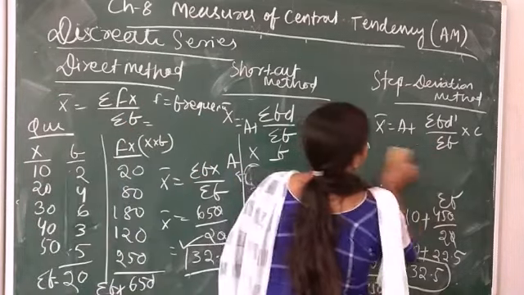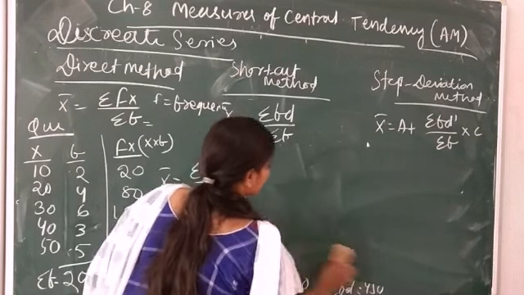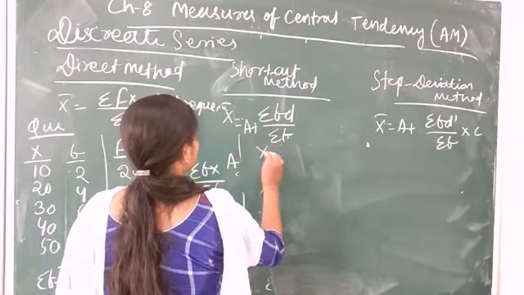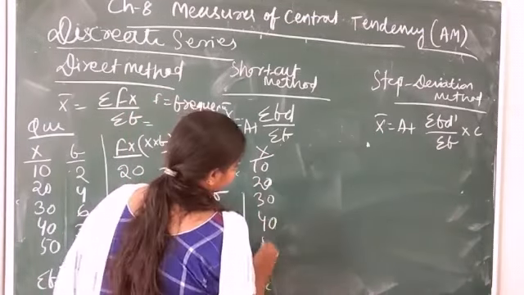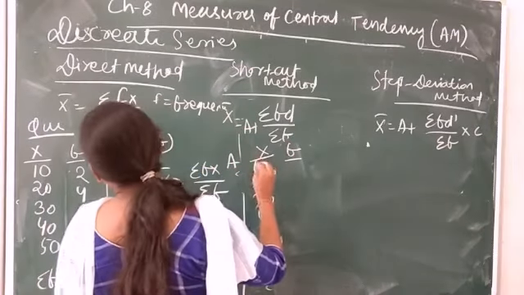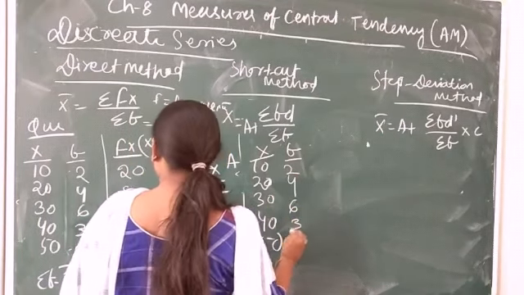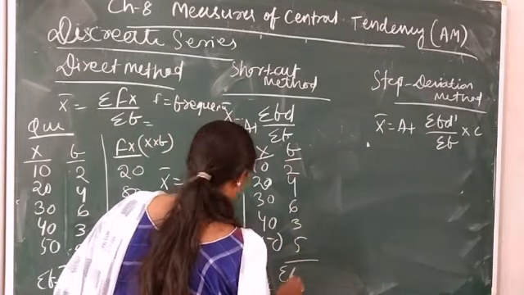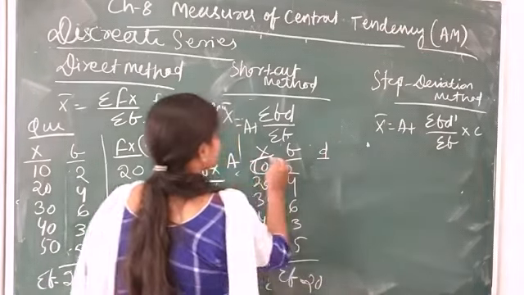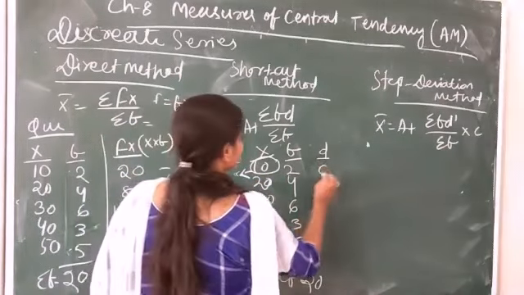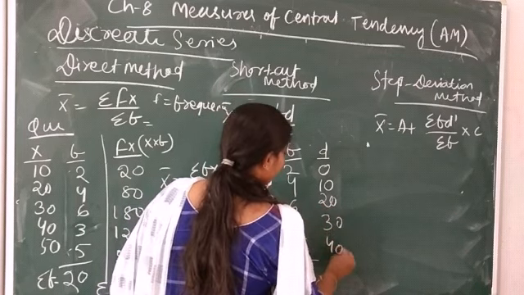Now we just do the step deviation method. So here the x is the same, that is 10, 20, 30, 40 and 50. Same question we will take and answer. 2, 4, 6, 3 and 5 is the frequency and sigma f is 20. d equals x minus the assumed mean, and this is 0, 10, 20, 30 and 40.